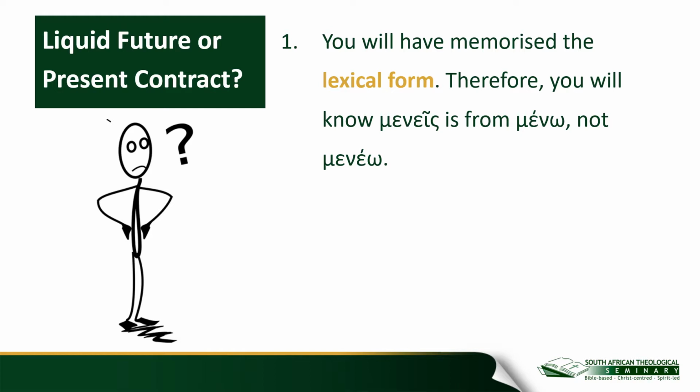This would be a clue that it's a liquid future and not a contract verb. In other words, when you memorize verbs, you memorize which ones are contract verbs. And if you've done that well, it's never a problem to recognize which ones are contract presents and which ones are liquid futures. But there's also a second clue.